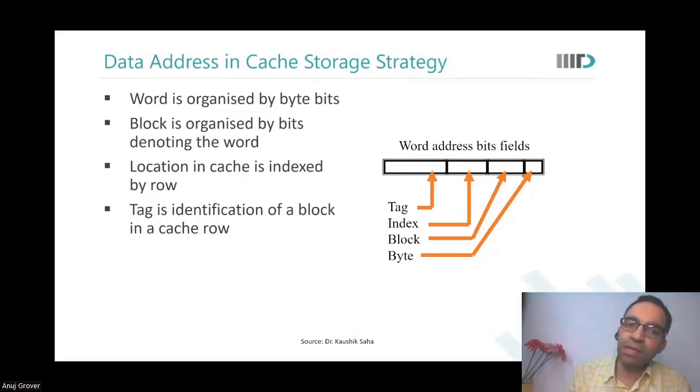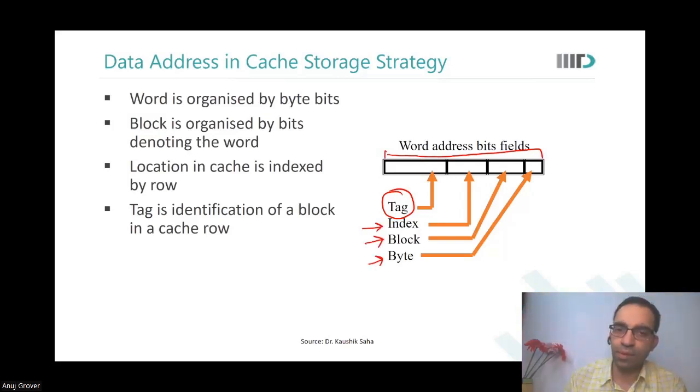So in a cache memory, there is something, as we said, which is called a tag. After that tag, the address bus is broken into different components like index, block, and byte. The byte will tell you which word, which byte to pick up.